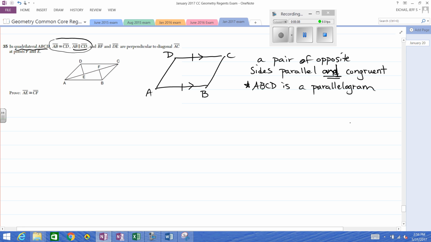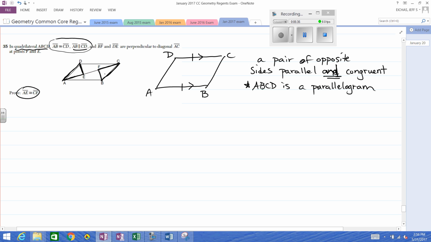Because to get AE congruent to CF, one way to do it would be to get those two triangles the same. That'd be my best bet, so that's going to be the easiest thing. Yeah, there are other ways to do it, and then we'd have to use the subtraction postulate. That'll work too. But I saw these triangles were going to be reasonable to go get.